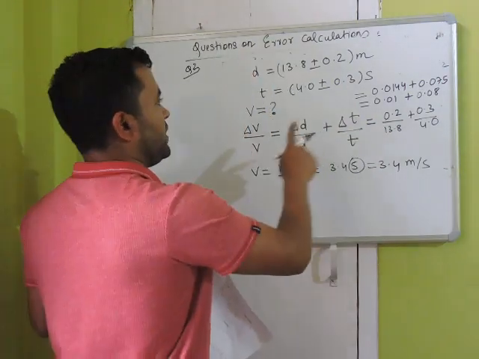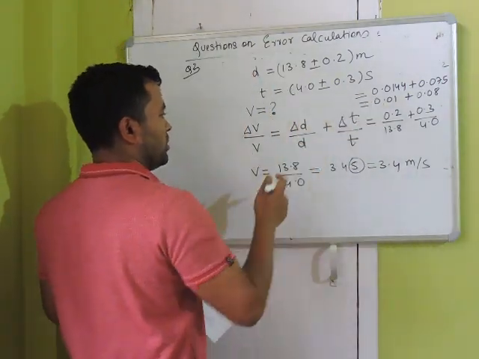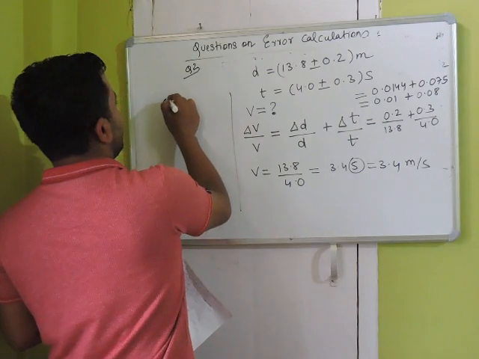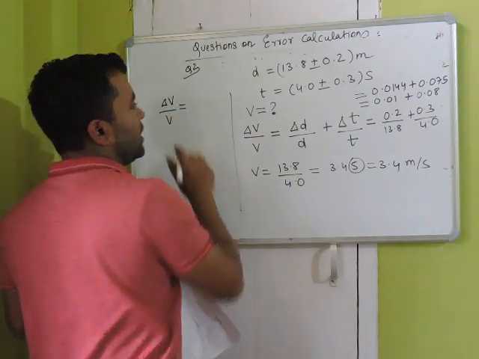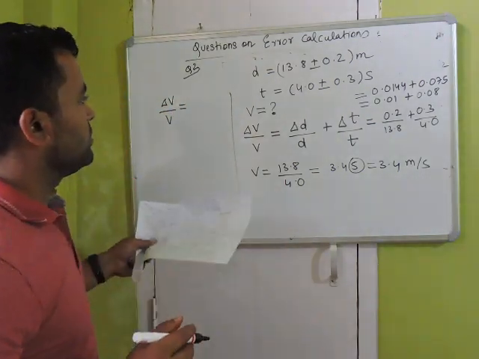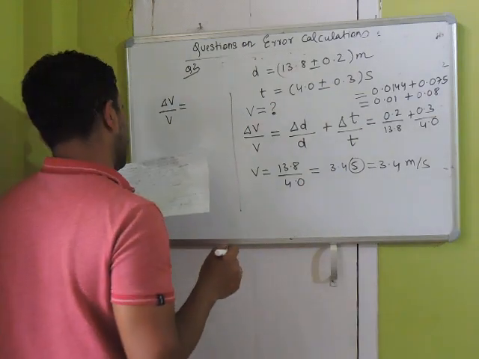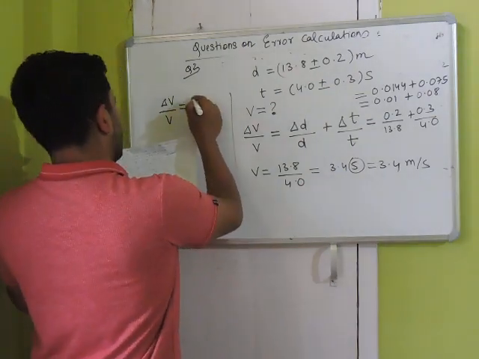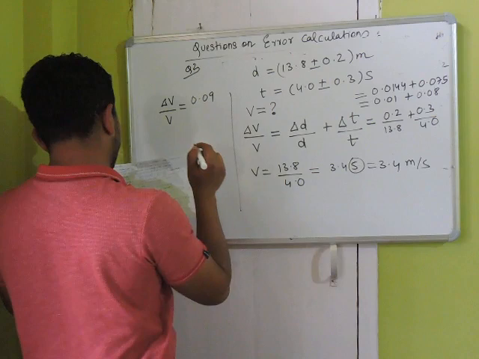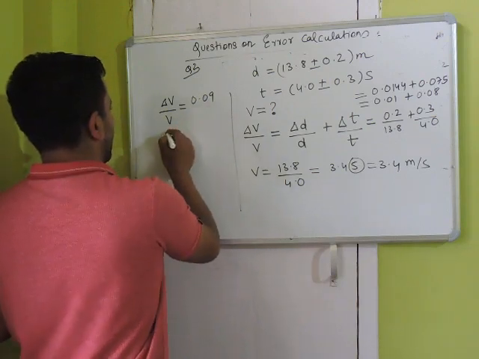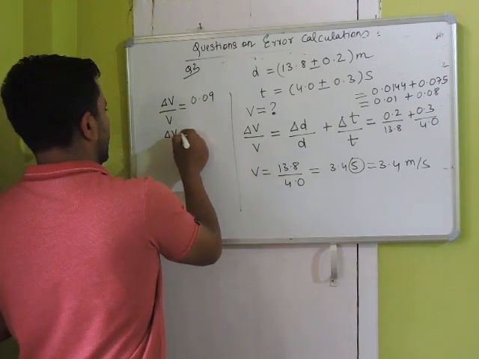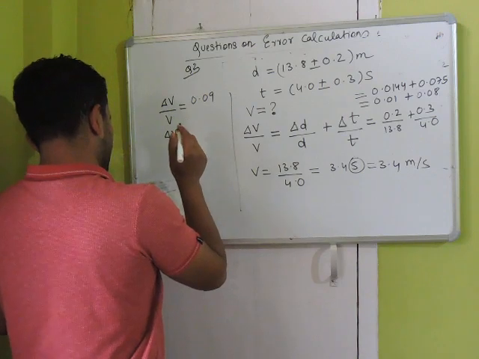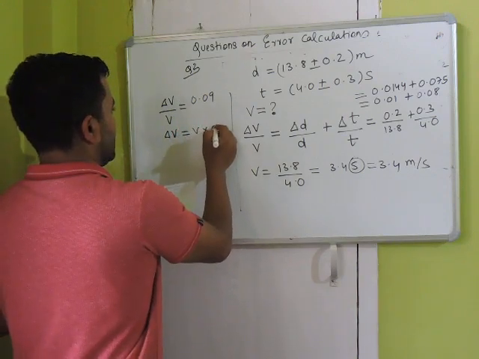So you will find that if you do this calculation, delta V by V comes out to be 0.09 and delta V will be V into 0.09.